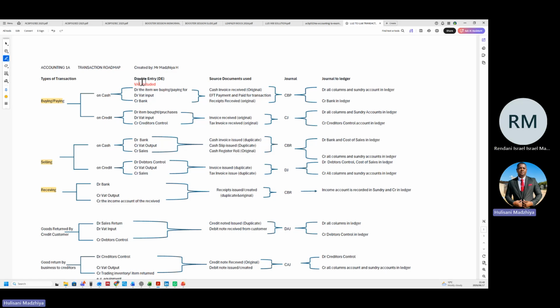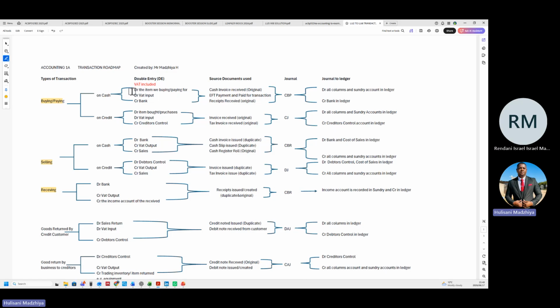According to the double entry system, you debit whatever you are buying and then you credit bank. So that item increases, or the service that we receive from that expense increases. So we debit the item that we are buying or paying for. It's either a service or a resource which is an asset, so that will be debited.